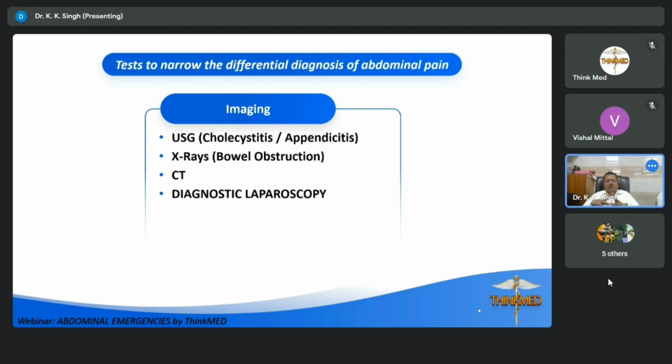Then, if the ultrasound is not fixing the diagnosis, the test of choice is CT scan of the abdomen. There are certain diseases like malignancy and adhesions which cannot be diagnosed without a CT scan. Then diagnostic laparoscopy is if you want a total overview, or if even the CT scan is not able to settle the diagnosis.